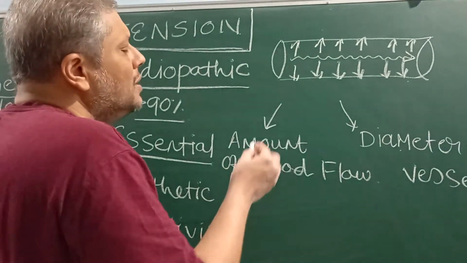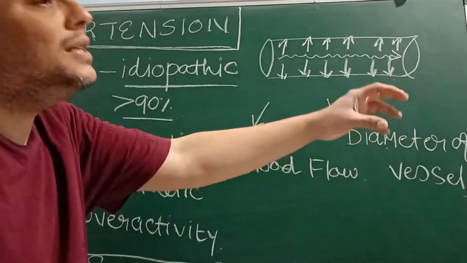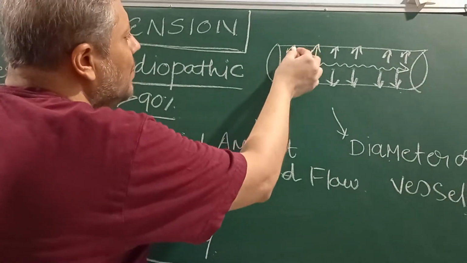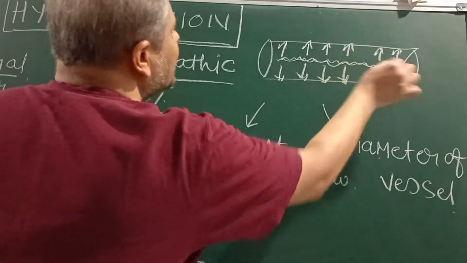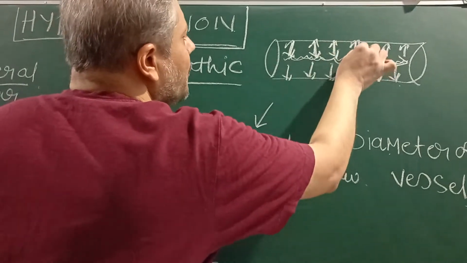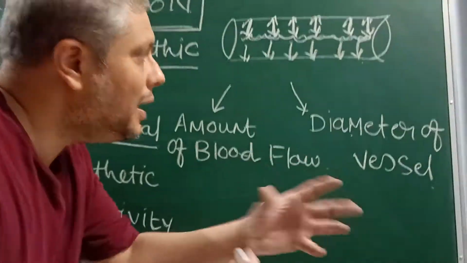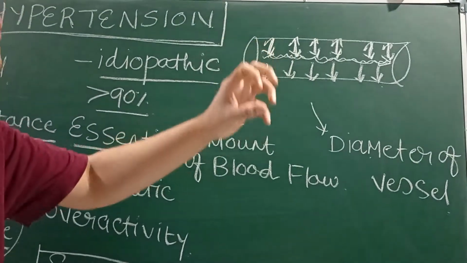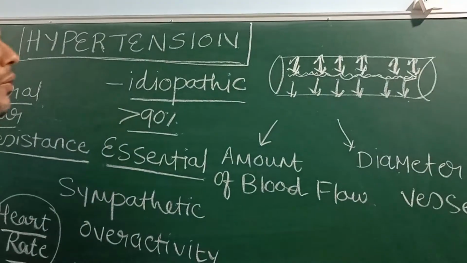So the blood has to pass against this pressure. Here I have shown the arrow like this, but actually this column of blood faces the pressure, so it should be like this. And it is very obvious that the more the resistance, the more the peripheral vascular resistance, the more the blood pressure will be.